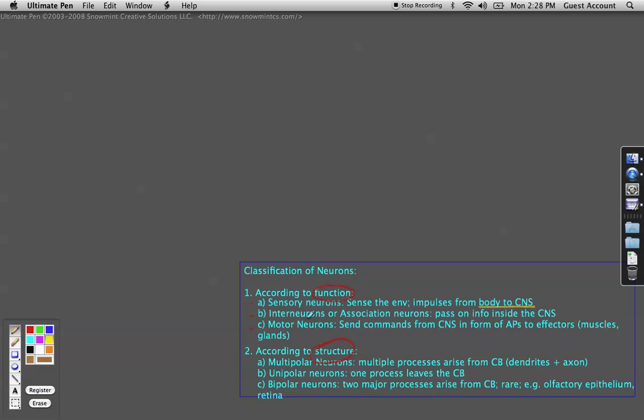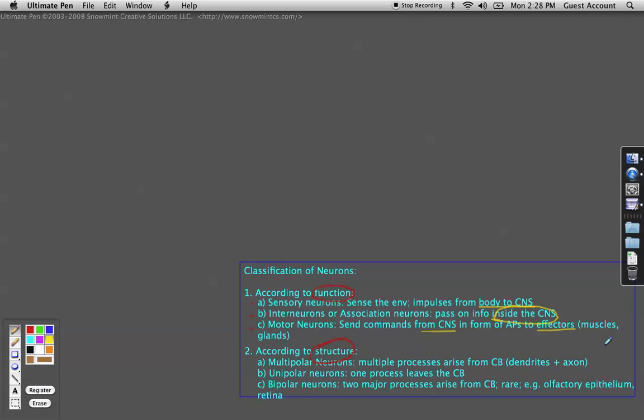Interneurons or association neurons, on the other hand, are only found inside of the CNS, and their goal is to interconnect various neurons. They interconnect with one another, or they interconnect sensory neurons with motor neurons. And then finally, your motor neurons are the ones that carry information from the CNS to all of your effectors.